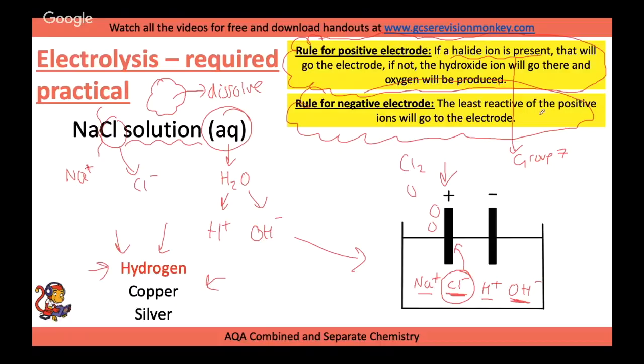The only cases that you need to worry about really are copper and silver. If you have something that was copper chloride or silver chloride, then the copper is less reactive than hydrogen, and that will go there instead, and the same for silver. But in this case, the least reactive element, hydrogen, goes to the electrode, and that comes off as hydrogen.